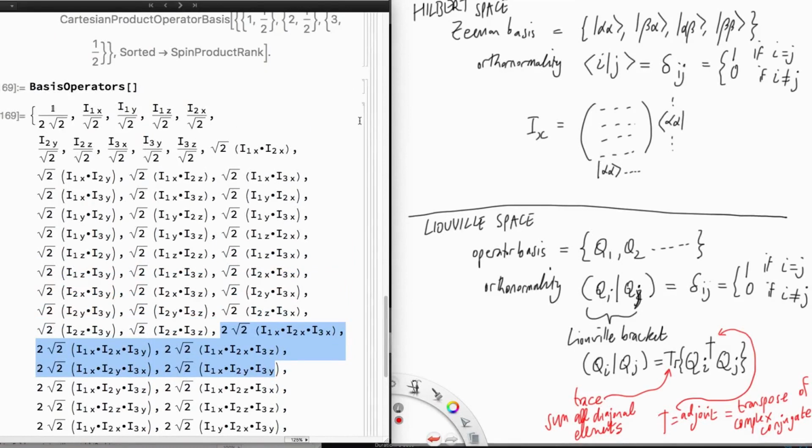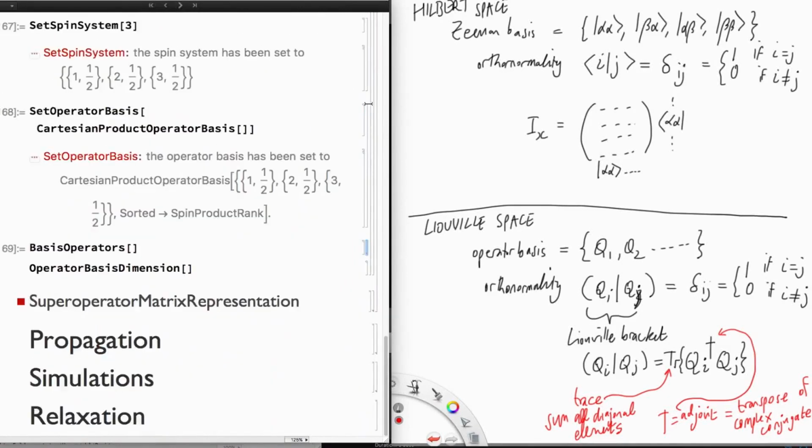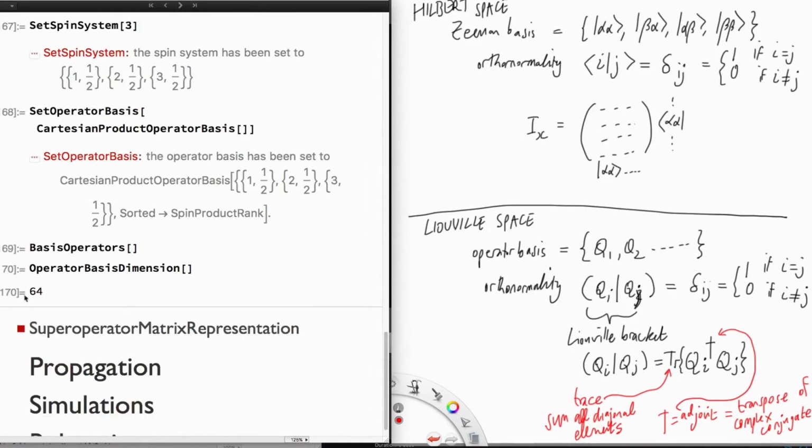So SpinDynamica has set up a nice Cartesian product operator basis, again in this case 64 of them for the 3-spin system.